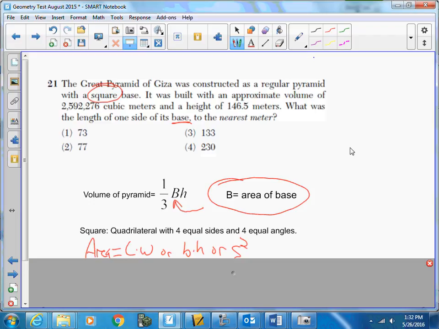The reason you can do that for a square is because if all the sides are the same, for instance, if all the sides are 4, the area is just going to be 4 squared, or side squared. So you might see it like that. Most students just think about base times height or length times width. So either way. All right, let's set it up then.